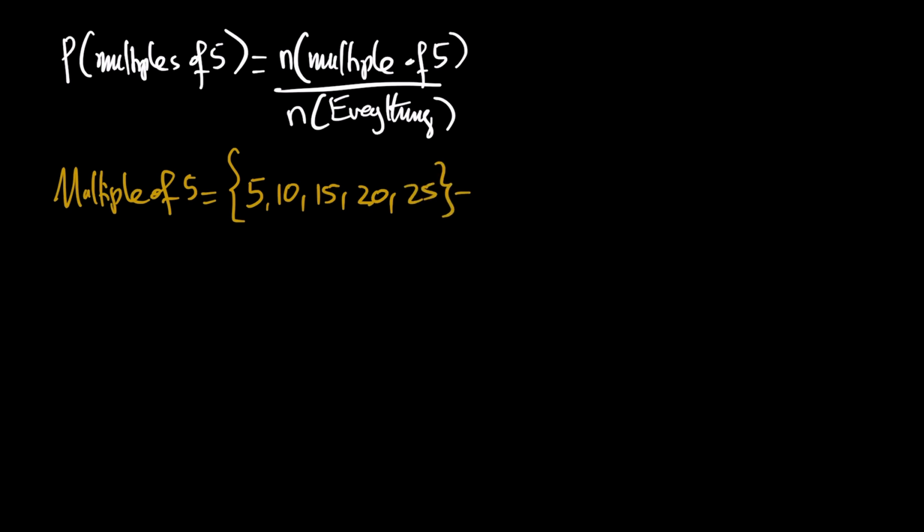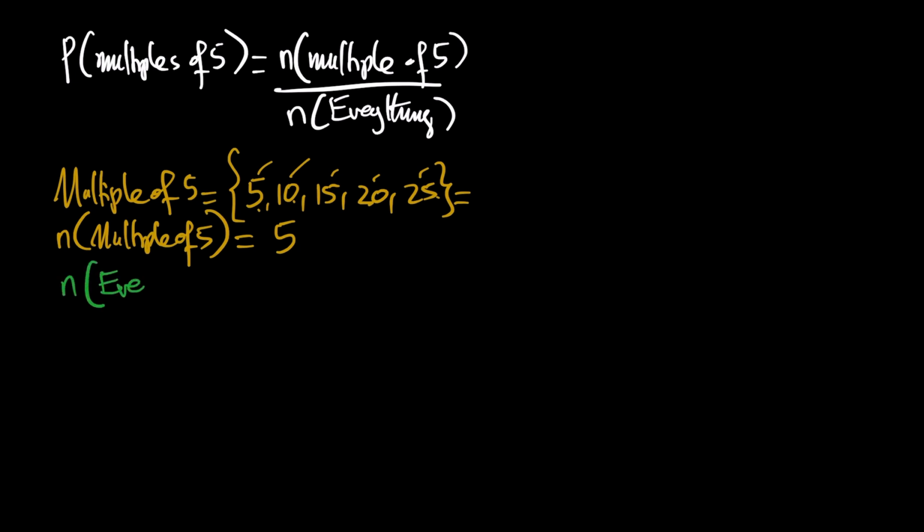Now we can tell that the numbers are 1, 2, 3, 4, 5. So the number of multiples of 5 is 5. The next thing we look for is the number of everything, which we've already discovered: there are 21 items.